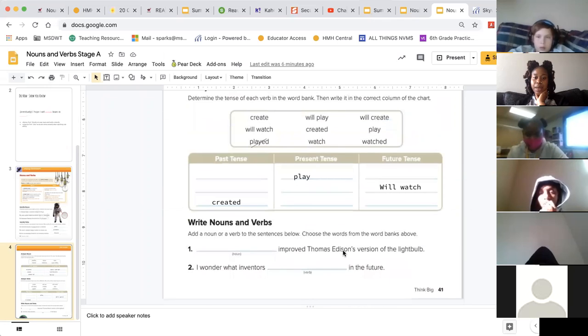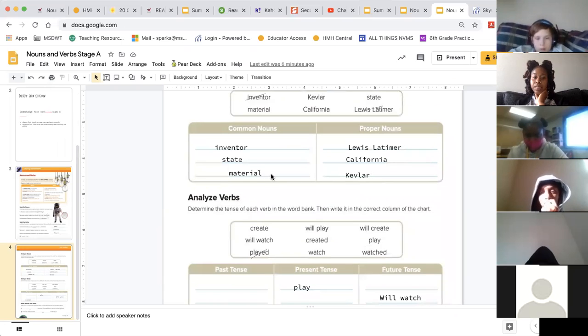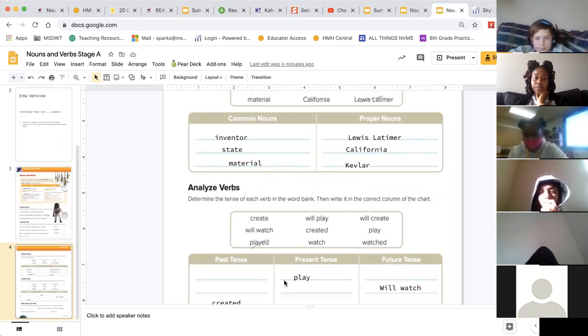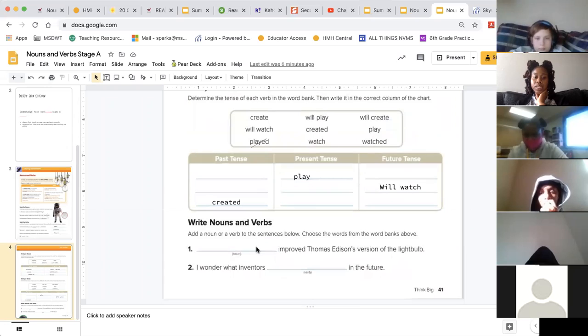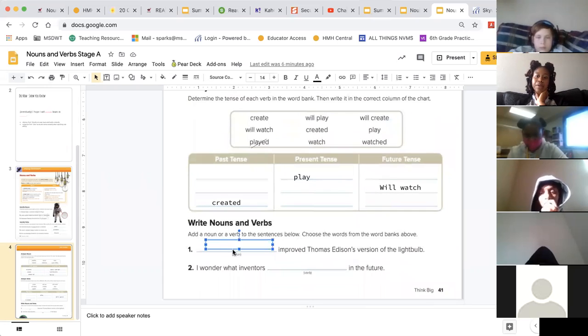Blank improved Thomas Edison's version of the light bulb. Not Kevlar, because Kevlar is a material. Thank you for trying, though. Yep, Lewis Latimer. So we will write Lewis Latimer here. Lewis Latimer improved Thomas Edison's version of the light bulb. He is an inventor.